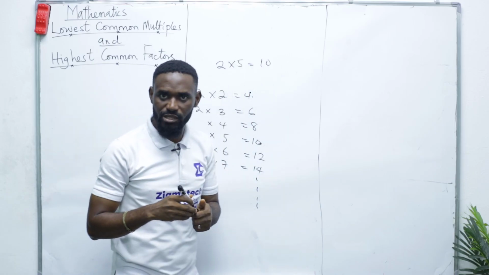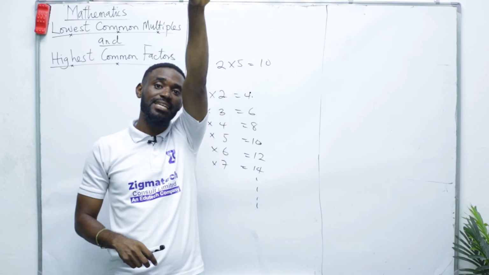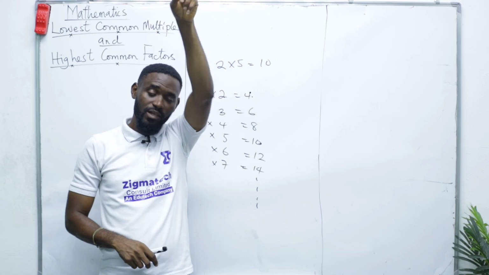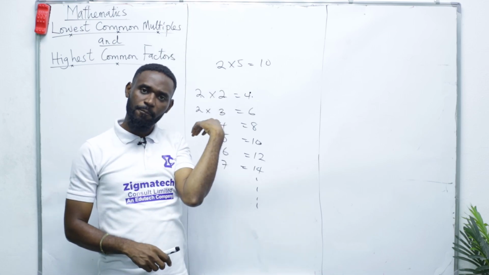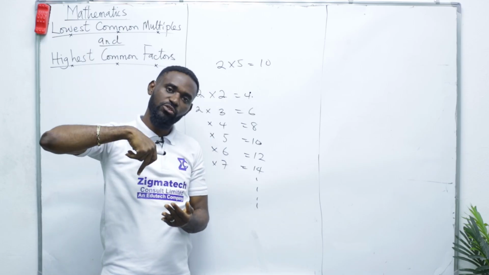So any of those numbers that a number can divide is a multiple of that number. If I can divide you, you are my multiple.